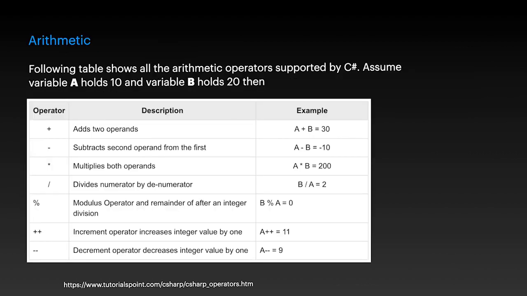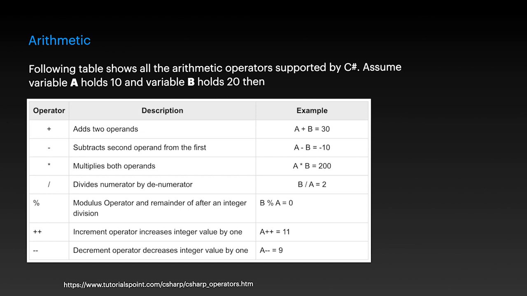Okay, so what's arithmetic? It's kind of like mathematics, right? If you use plus, A plus B, let's assume that A is 10 and B is 20. If you add the two of them, it will be 30. So everything is really simple.